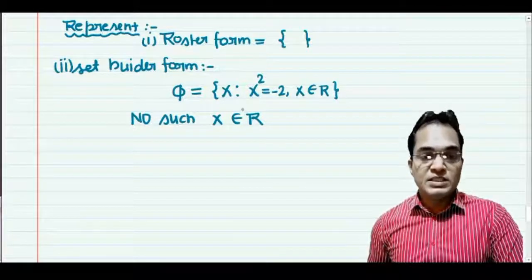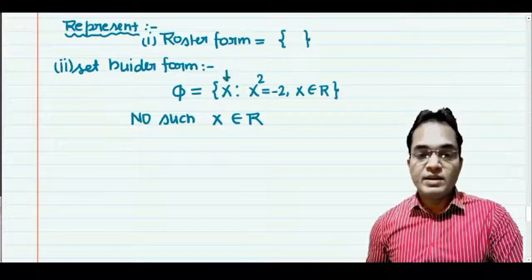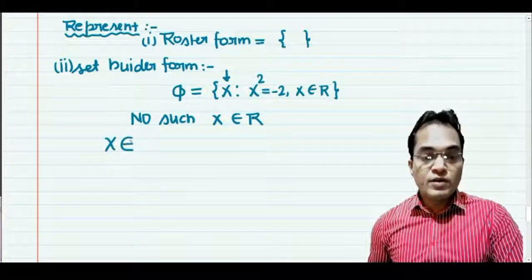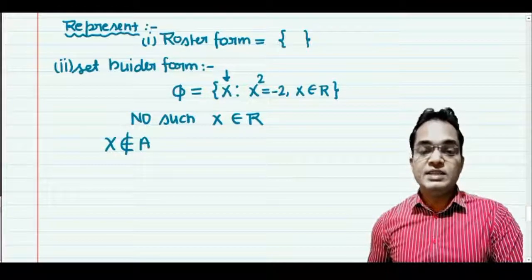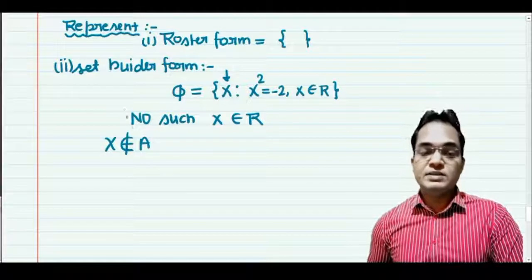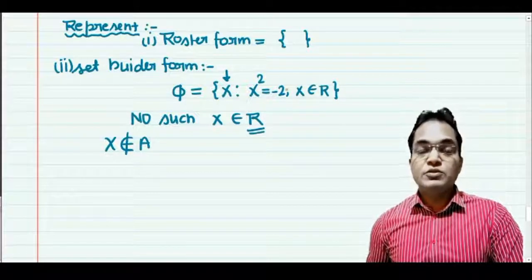Understand? In the set builder form also we take a variable x, but this variable is not found in the given set, which in this case is the set of real numbers. There is no real number such that x squared equals -2.